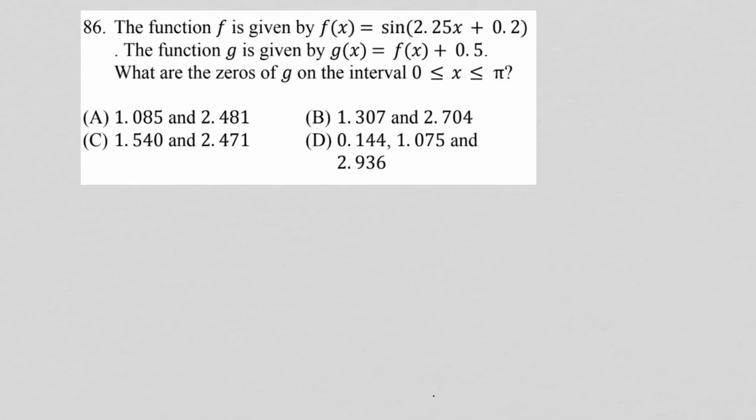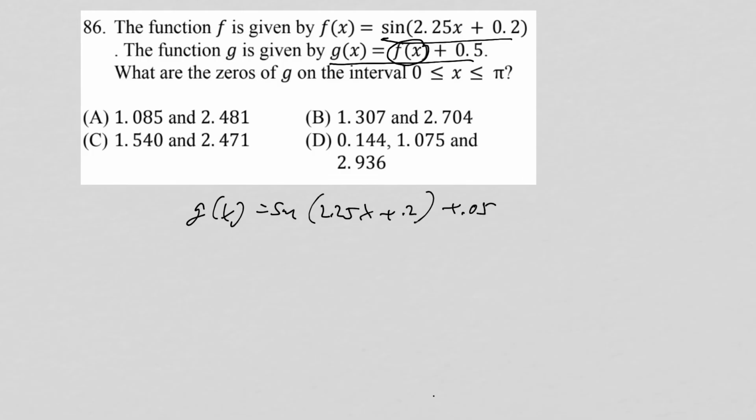Okay, here the function, we have this sine function, and we have a second function. And they want to know, are they not? Oh, the g function is based on the f function. So weird. So basically they're just saying that g of x is sine of 2.25x plus 0.2, and then plus 0.05, kind of shifted upward.